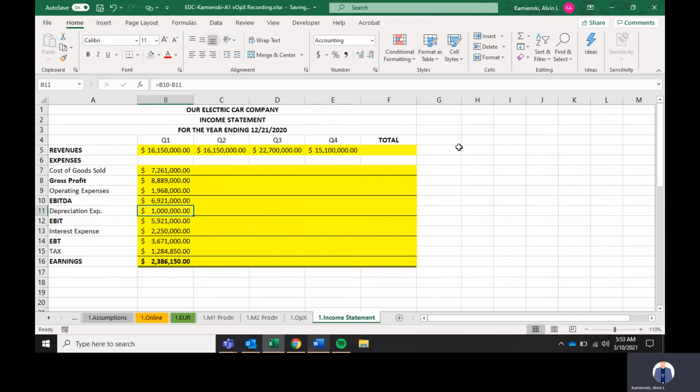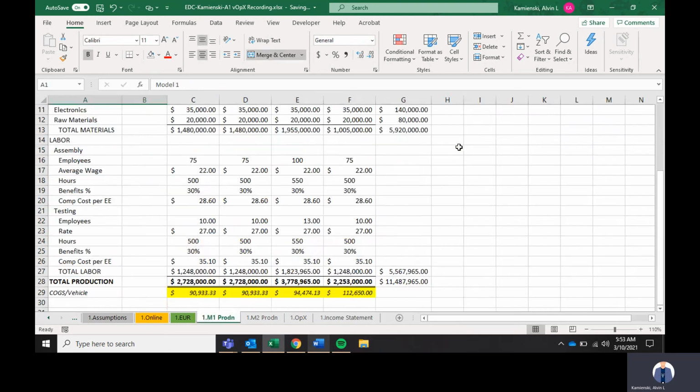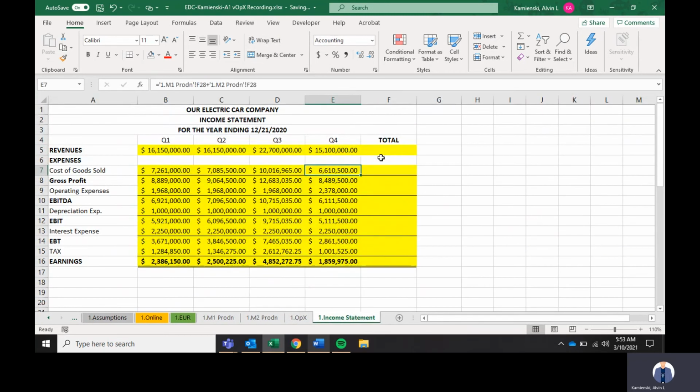Because I did such a nice job structuring this, I should now be able to copy and paste everything across and take a look. For example, then, my revenues: online F5, Europe F5. Online F5, Europe F5. Great. How about my cost of goods?